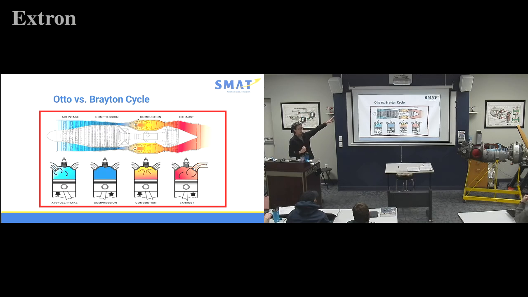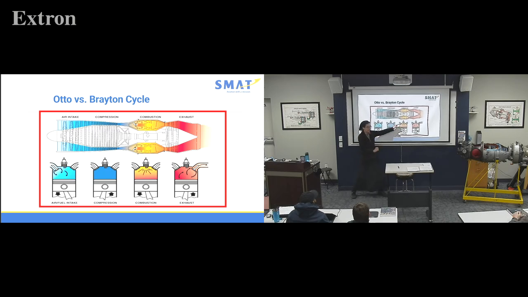So here is where I'll talk about the Otto cycle versus the Brayton cycle. The Otto cycle, Ryan's going to tell you all about it, is on a reciprocating engine where you have a piston moving up and down inside of a cylinder. Here's our piston and the cylinder. We're drawing it down, sucking in all our air and fuel, and then compression in that same place, the piston is moving back up, compressing that fuel-air mixture.